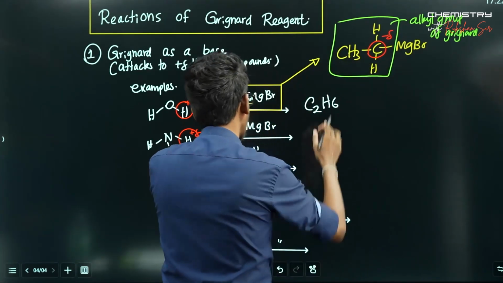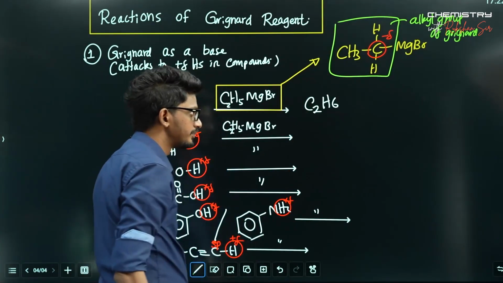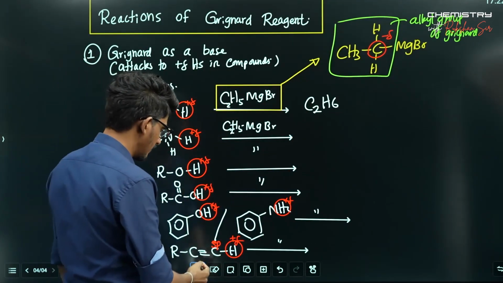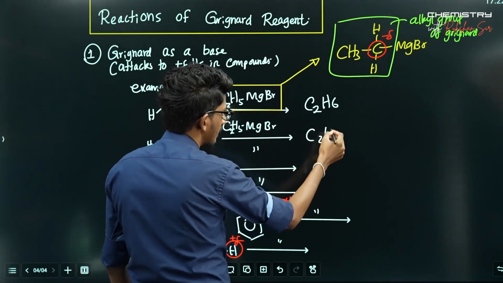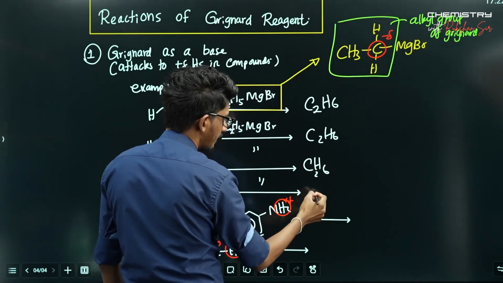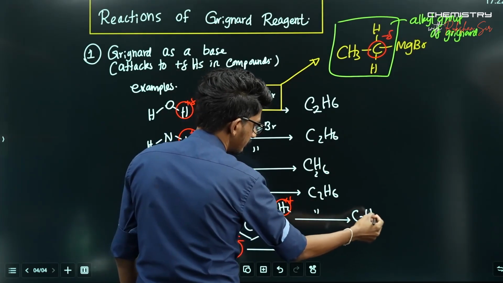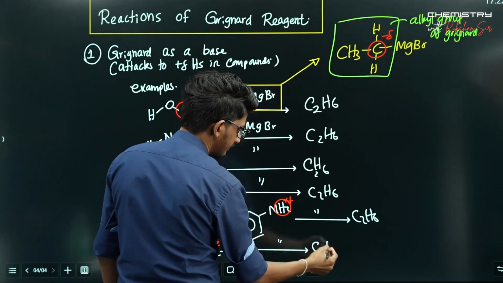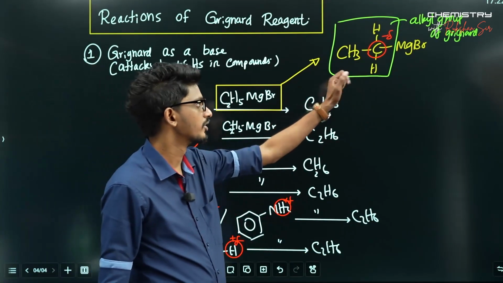See, C2H6. Even in these cases, the same thing: as the same Grignard reagent is used, the same alkane will produce. Idea is clear? The alkane of the alkyl group of your Grignard will produce.